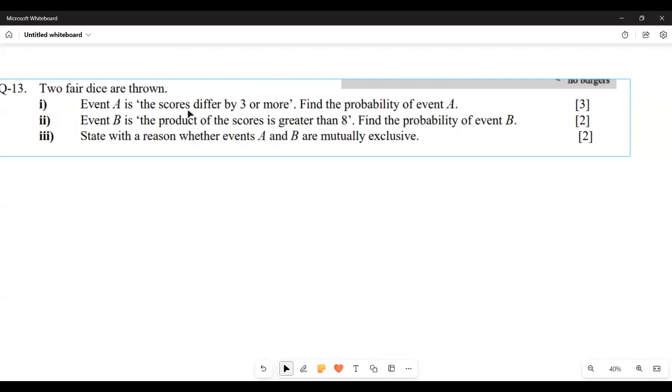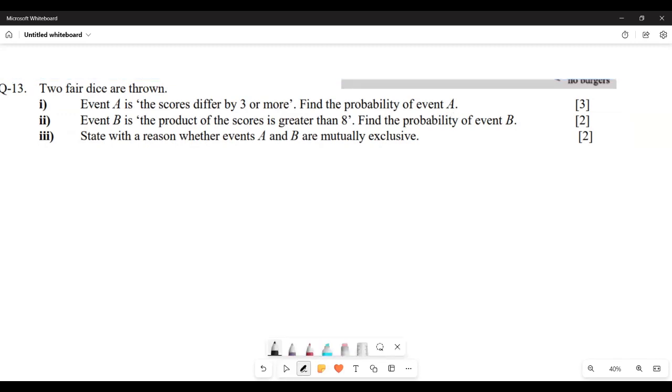Event A is the score differ by 3 or more. Find the probabilities of the event A. Okay. 2 fair dice are thrown. And we have to find or use all the outcomes where the difference is 3 or more between the results of the 2 dice thrown.